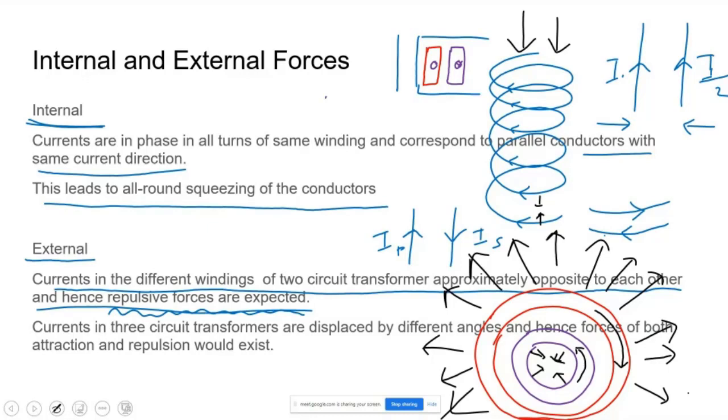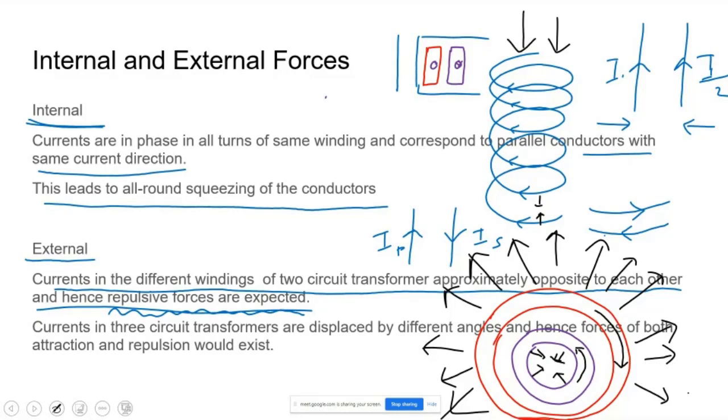So for that huge current, the force unfortunately is proportional to the square of that current. You can imagine. So normally transformers fail due to short circuit. That's why proper protection is to be adopted for all transformers. Very, very important.